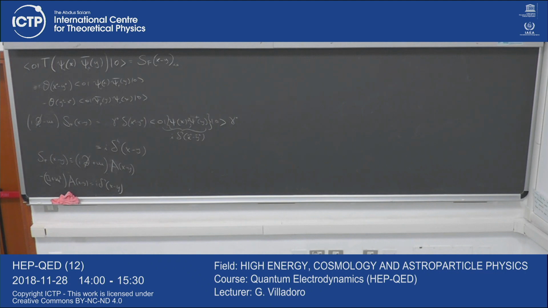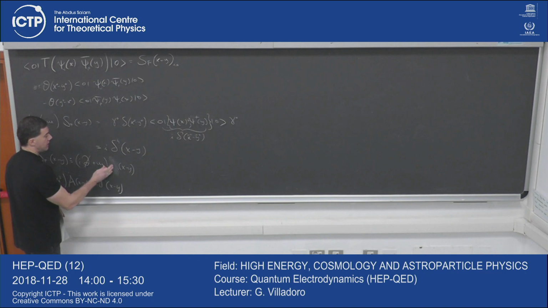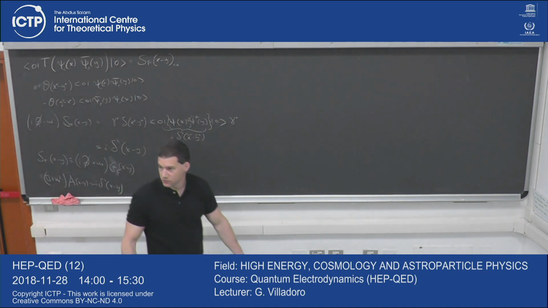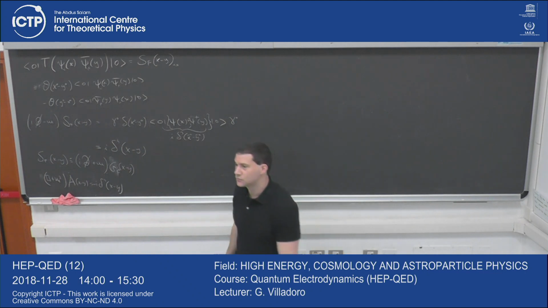For the minus, we can put it here. And now you recognize this equation. This equation is the usual equation defining the Green function, right? So this A is nothing else than our Feynman Green function, the solution of the scalar field, the 2-point function.